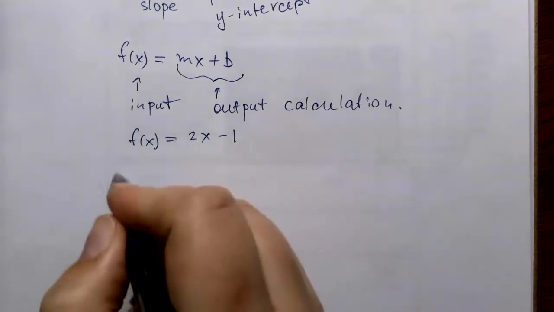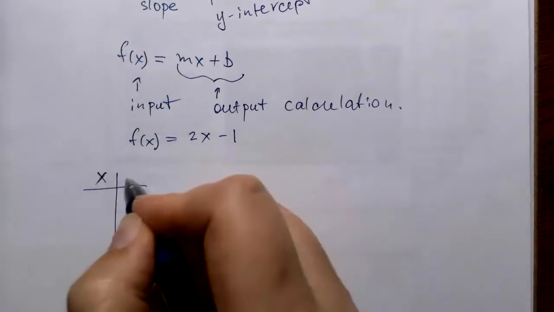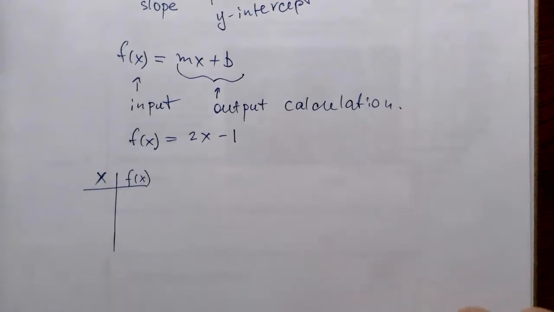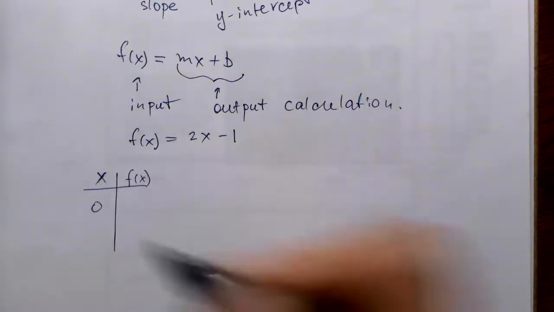So we get some x values and calculate the f of x values based on that x value.